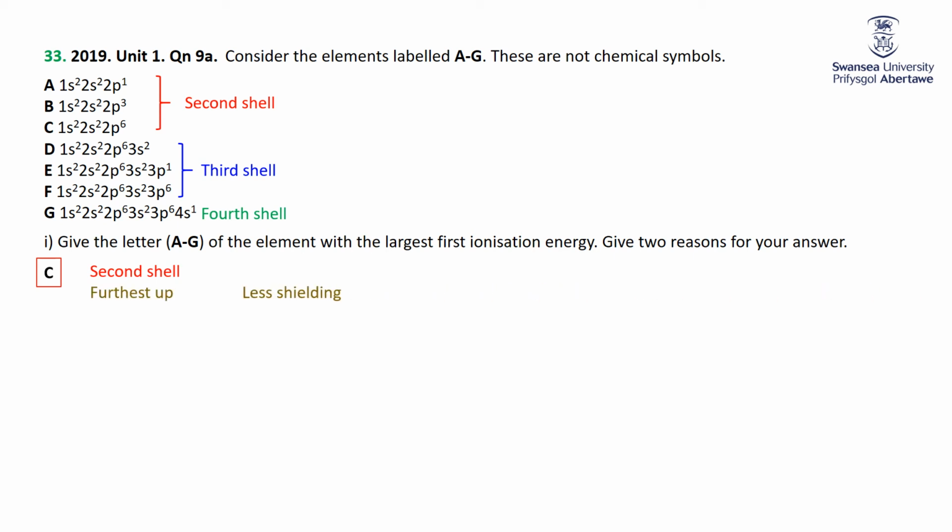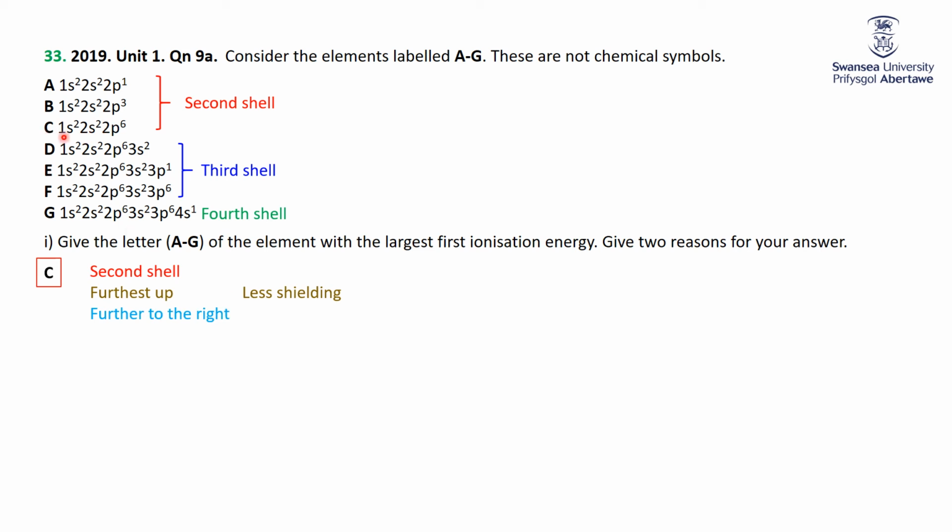The reason for that is that as you go further up the periodic table, there's less shielding, there are fewer filled shells getting between the electron and the nucleus, and the less shielded it is, the harder it is to remove the electron. But now, which of A, B and C is it going to be? Well, C is further to the right.